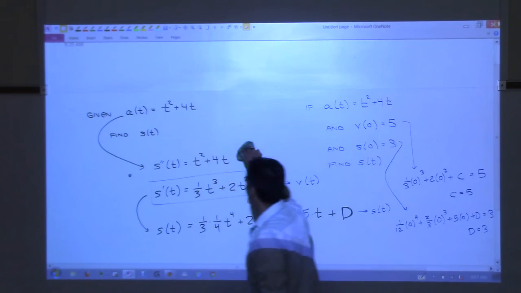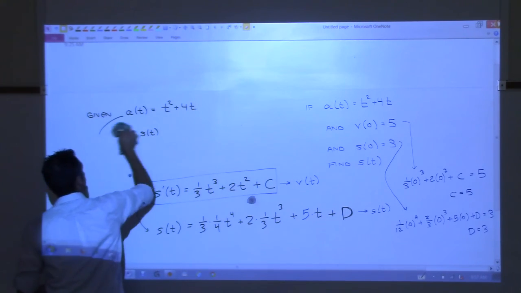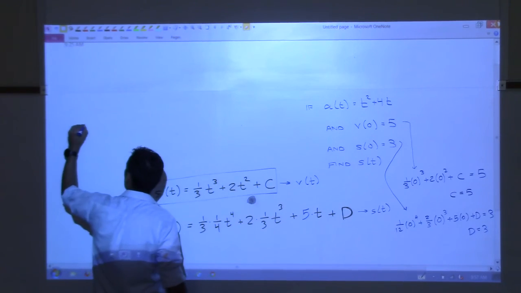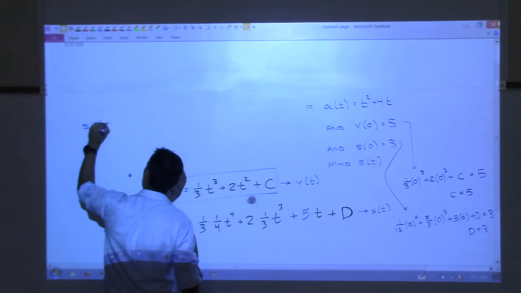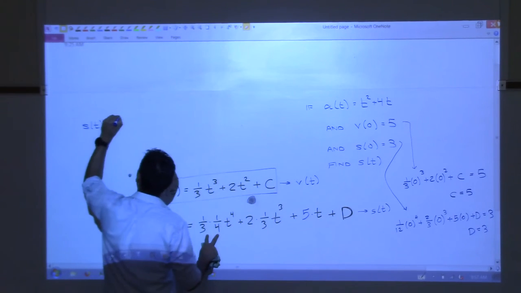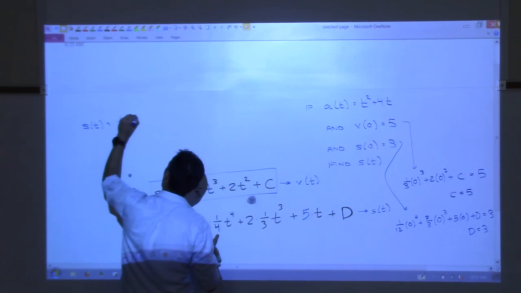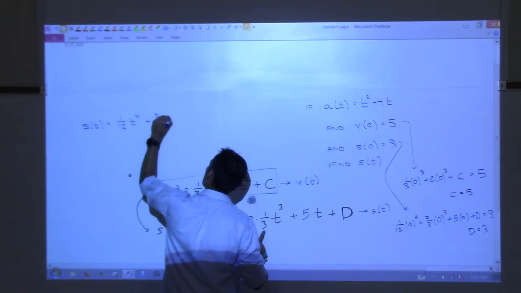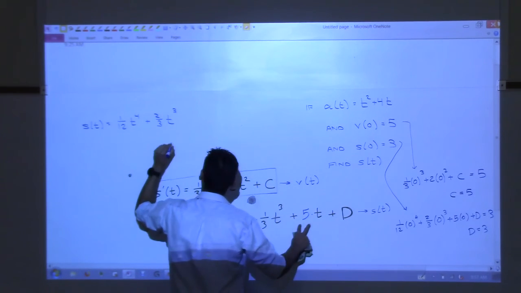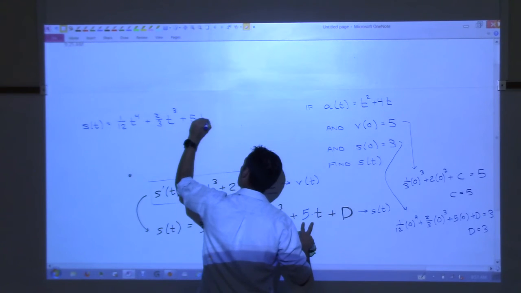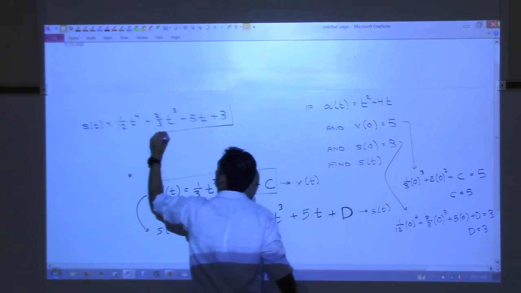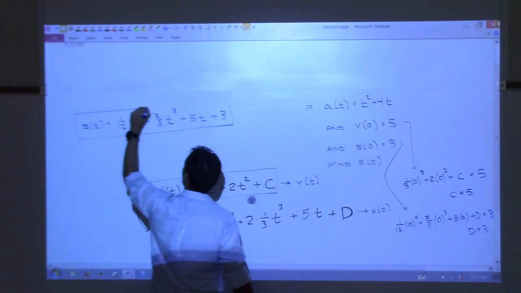So the final answer would look like this. The final answer would be S of t, my position function, is 1/12 t to the fourth plus 2/3 t to the third plus 5t plus d, but d was 3. So that is the exact position.